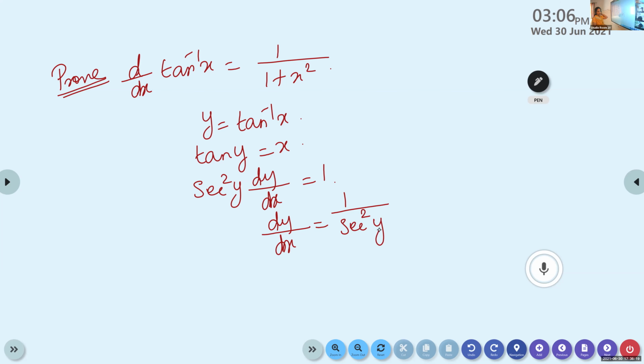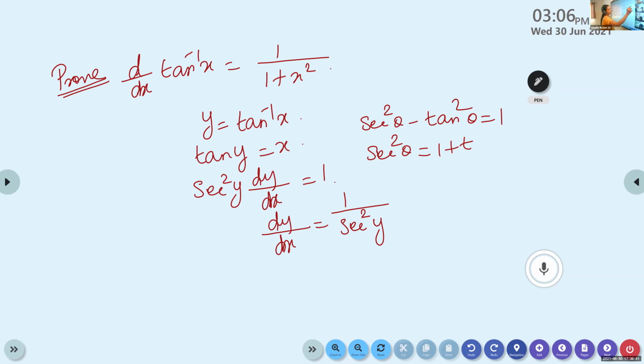But we want to convert in terms of x, isn't it? What is x? Tan y. What is the identity connecting sec and tan? Aditya? Sec square theta minus tan square theta is 1. Therefore, what is sec square theta?